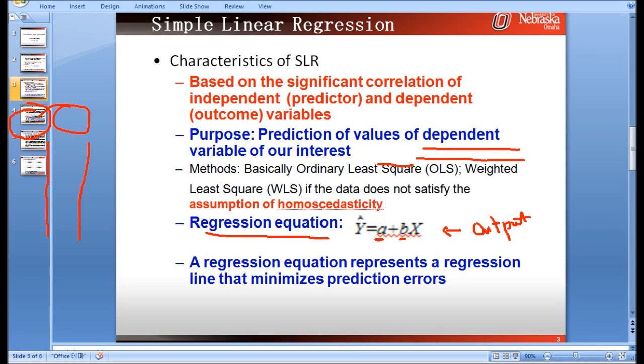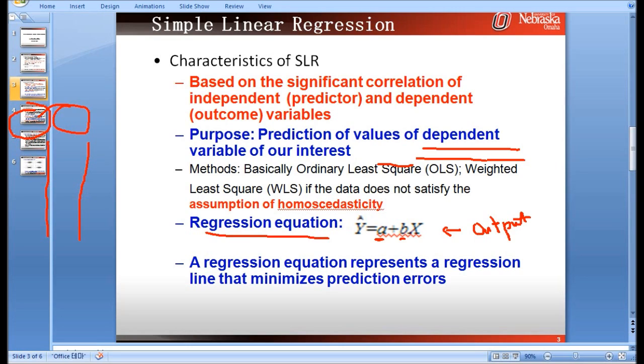What I'm going to show you now is basically where the information about this intercept and the slope or regression coefficient is located in the SPSS output of regression analysis.